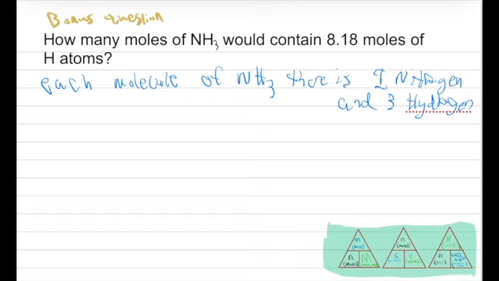NH3, 1 N, 3 H's. Okay, simple. So the mole ratio is also 1 to 3. Cannot be simpler than that.